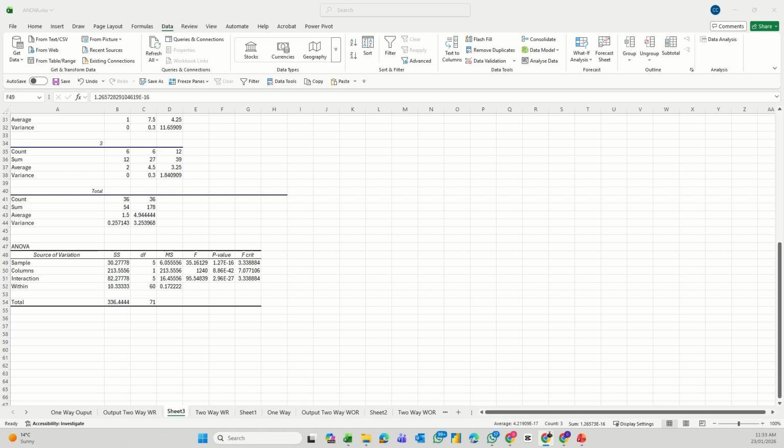For ANOVA, don't disregard that book I sent to you. The Schaum's outline is one, but you see that Design and Analysis of Experiments by Douglas C. Montgomery, that book is powerful. We use it for advanced analytics in ANOVA, ANCOVA.